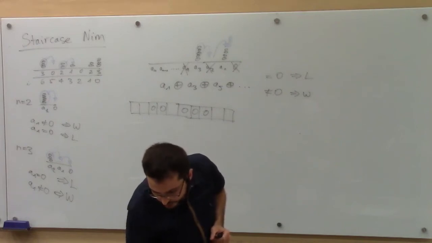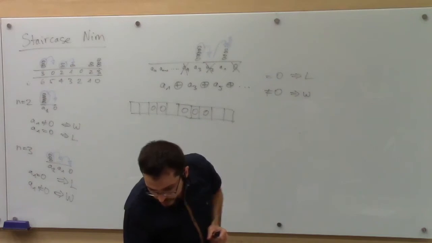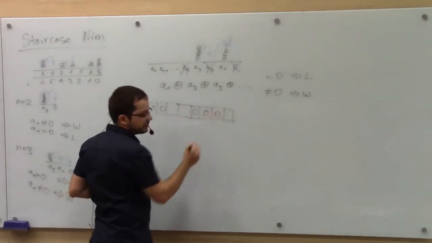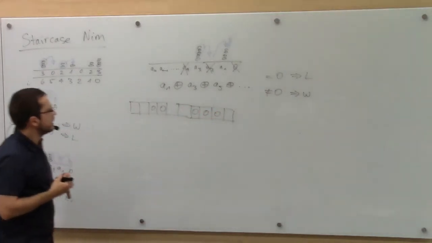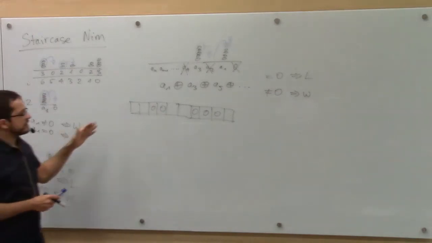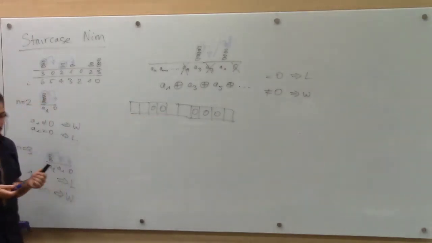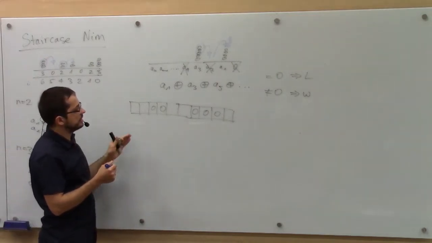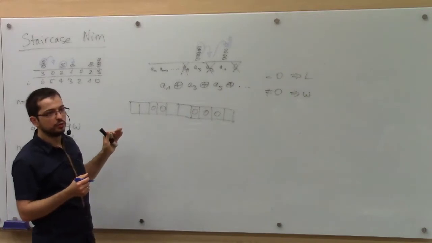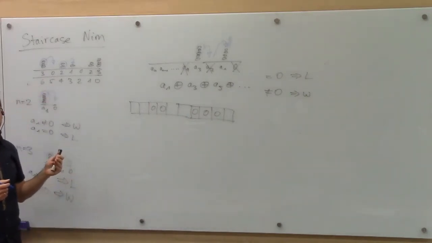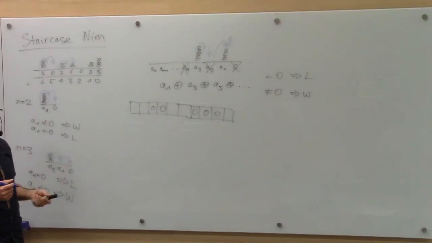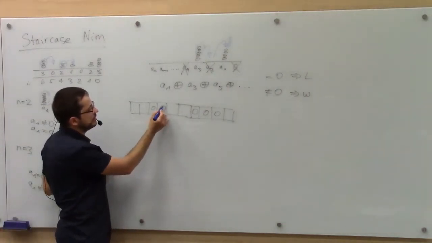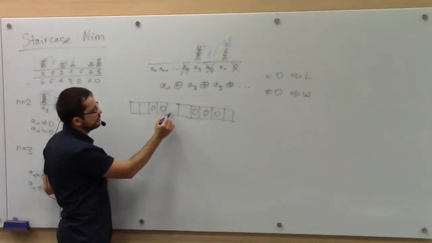So we have a board, we have some coins on the board, and every possible move in this game is to take some coin and move it to the first empty position to the right. So basically here, for instance, we can take this coin and move it to this position.